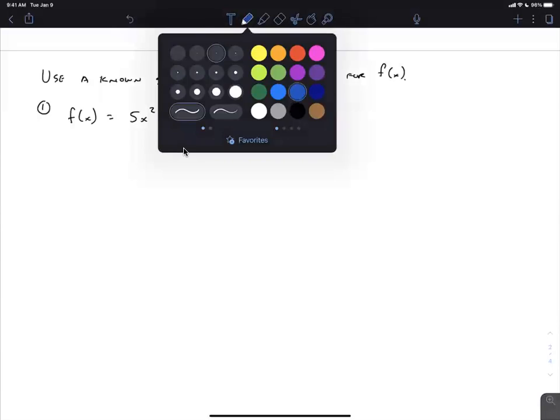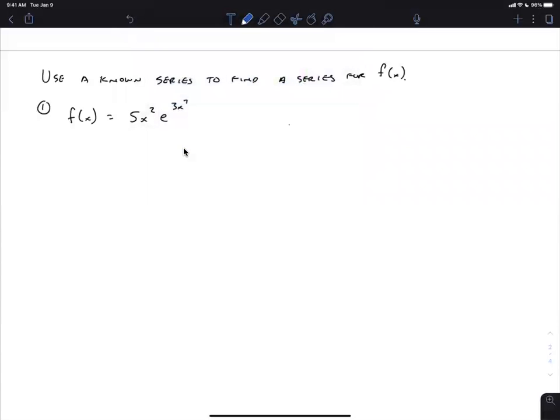But the way we do this problem is we think, okay, well, we know e to the x is equal to the sum k equals 0 to infinity of 1 over k factorial x to the k. And the idea is that this x corresponds to this.